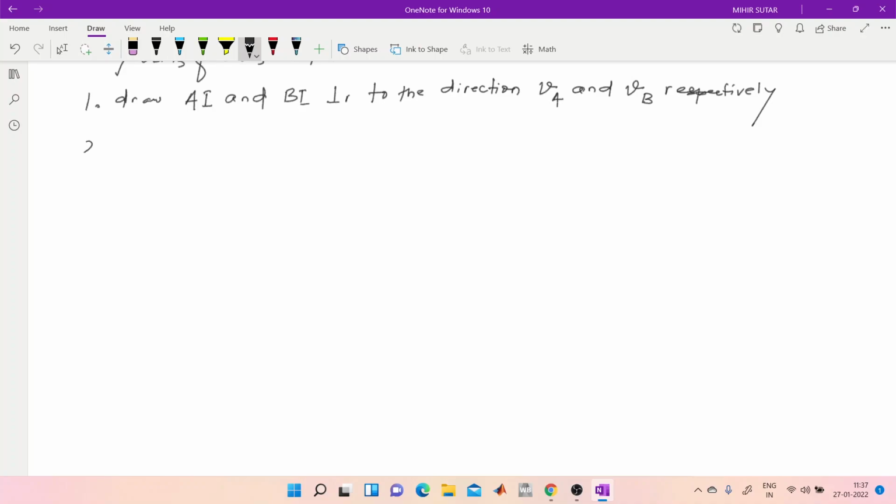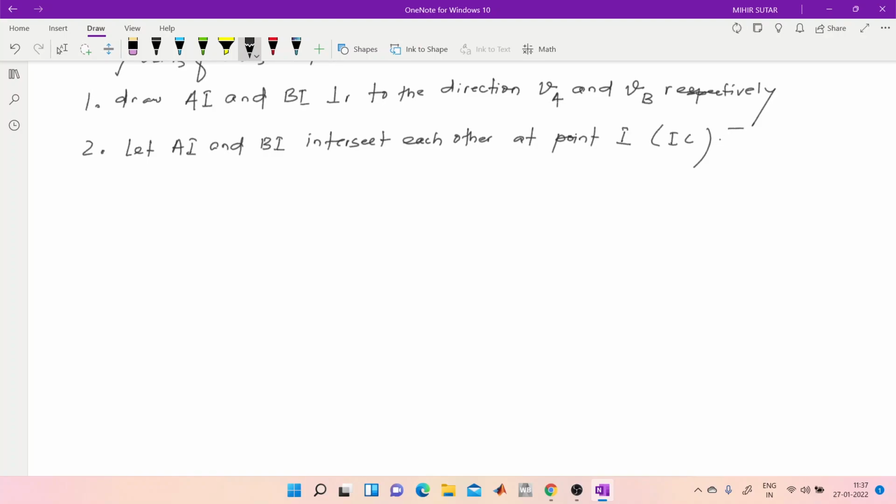Then let AI and BI intersect each other at point I. That is the instantaneous center.